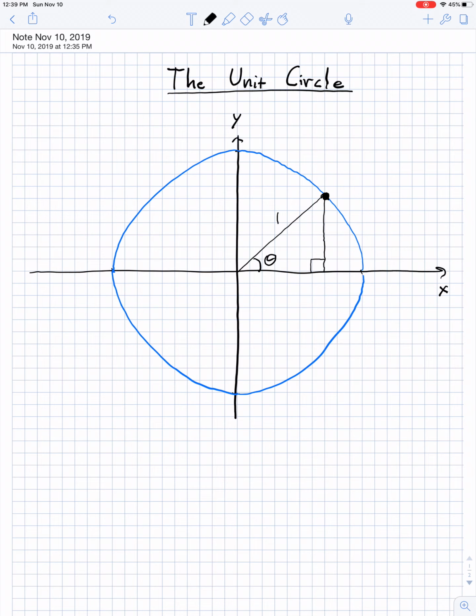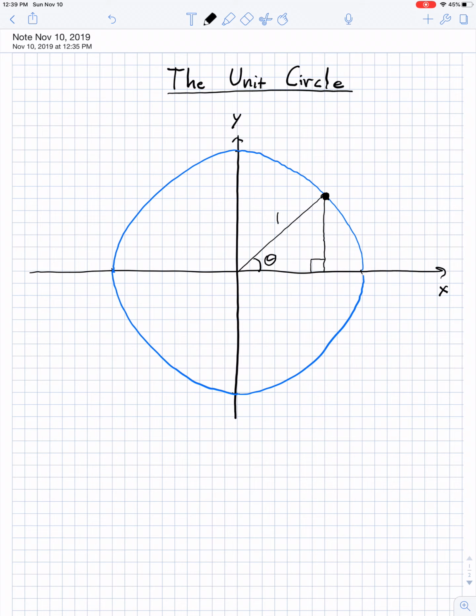Okay, so what I have drawn here is a standard XY axis that you're used to. And on that XY axis, I've drawn a circle in blue right on the center. I've blown it up a little bit, but we're going to say that this circle has radius 1. Now, I've drawn this triangle here. It's a right triangle.